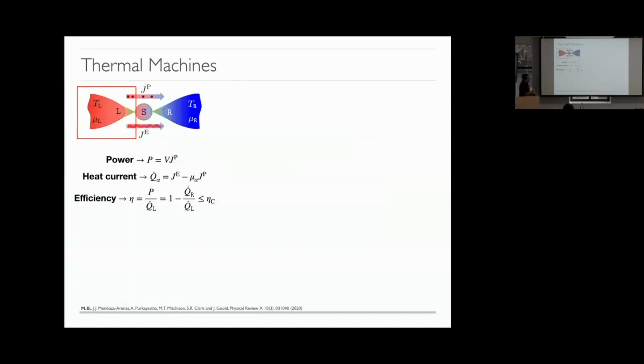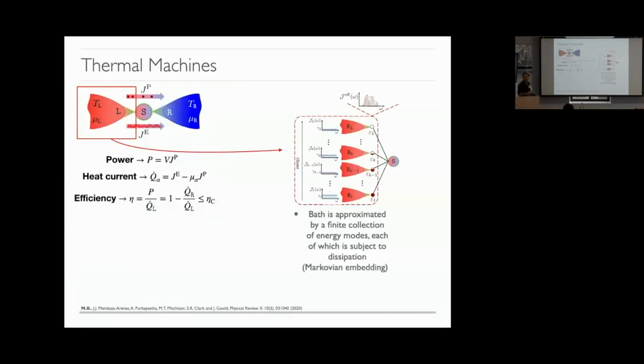All right, we have our bath description after a long fight. We basically discretize the reservoir into a collection of modes, each of which is subject to thermal dissipation via Lindblad operators. Okay, we've got our bath description.